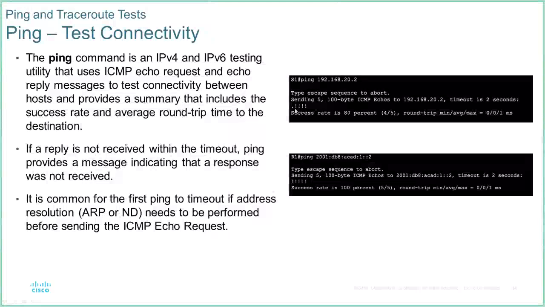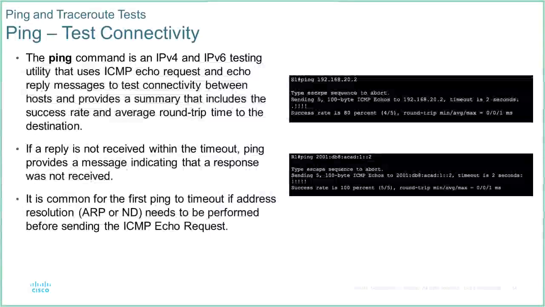Whenever you're trying to connect to a new IP address, you will normally always have the first one time out on you. The reason is it has to do that matching between layer 3 and layer 2. So the first thing it's doing is trying to do that address resolution.